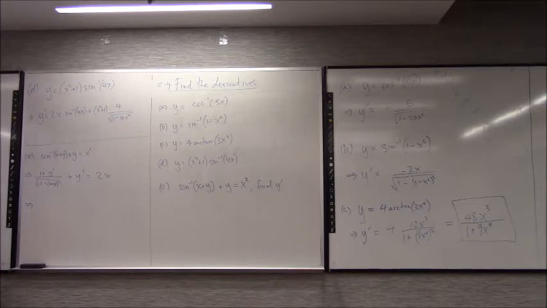Common denominator, I don't know. Subtract. Subtract what? I was going to say subtract this y prime, but there's no y prime in both. How do I isolate the y prime?